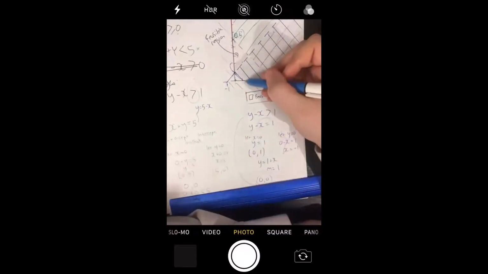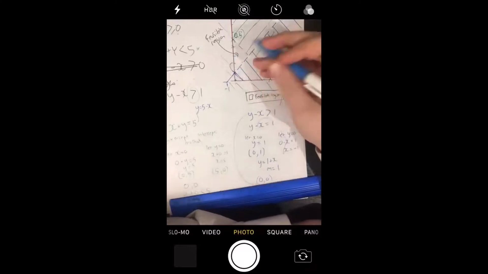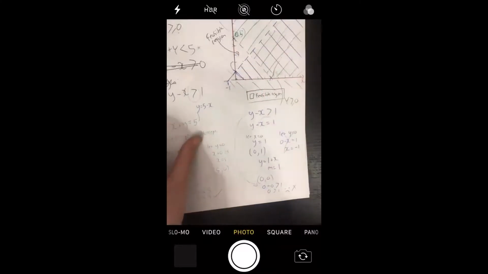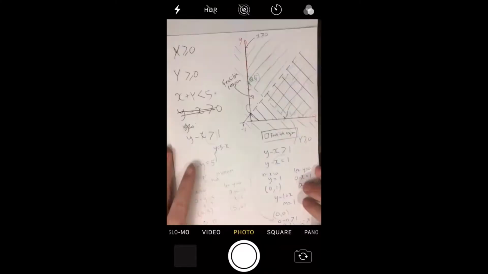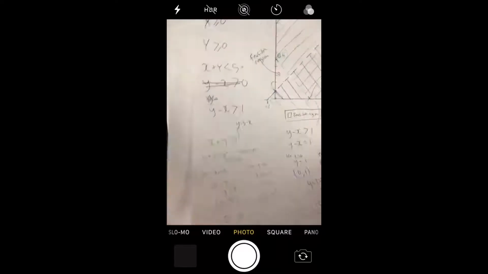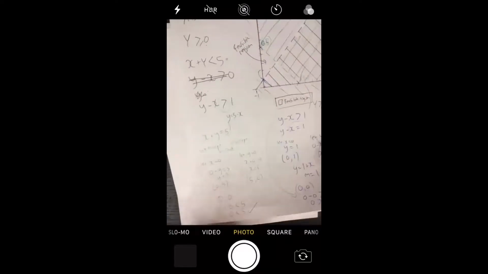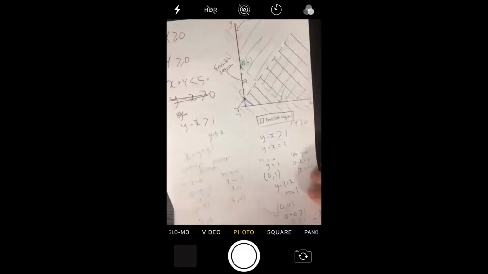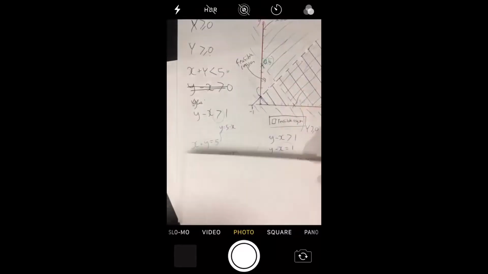And so that feasible region has a couple of points in it. But let's just experiment. 1, 2, 3. I'm going to experiment really quickly because I've just shown you guys how to do this.